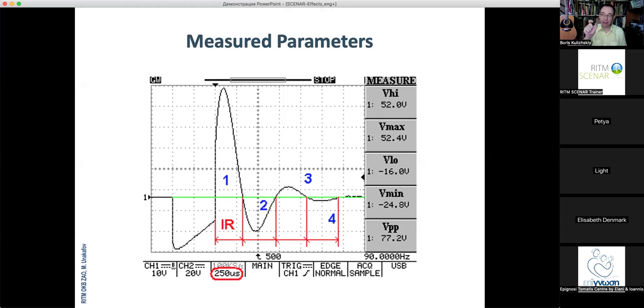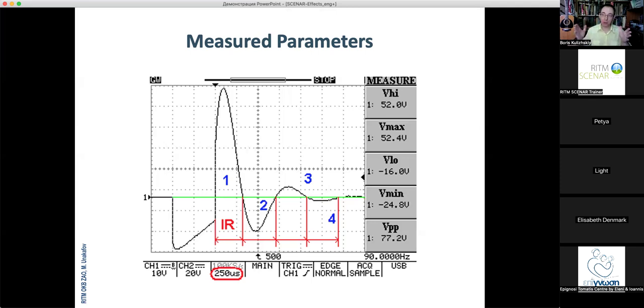If you see initial reaction 10 or current reaction 10, it means the period is 10 microseconds, but it's only a half wave.